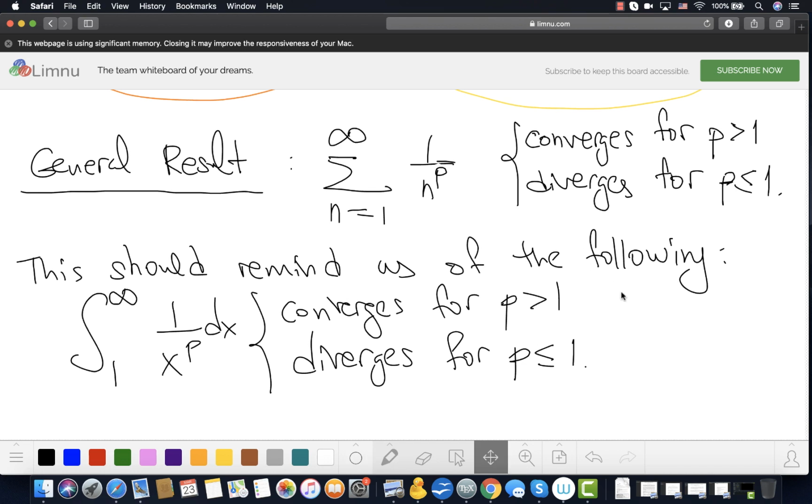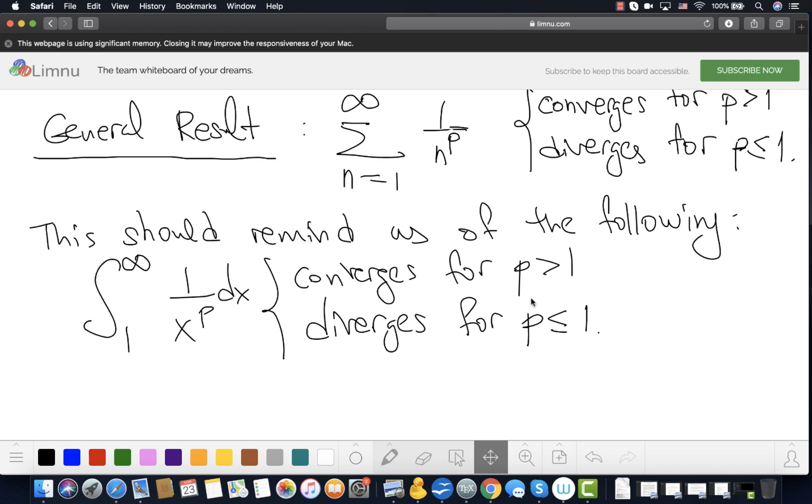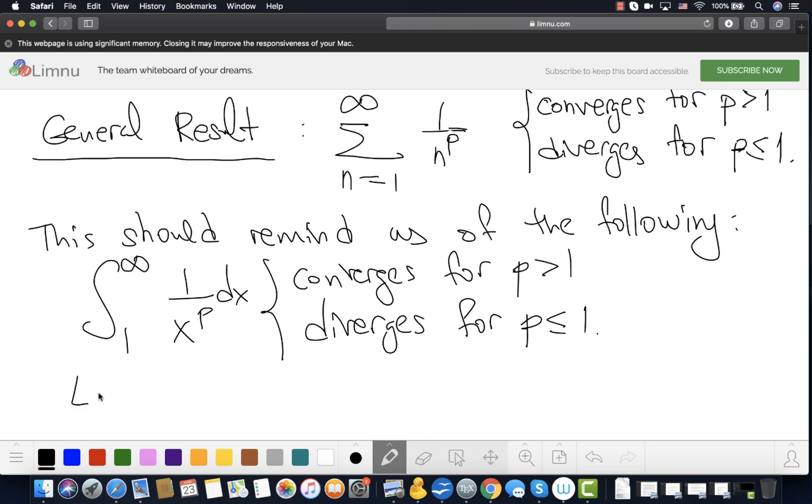And so these results look very similar to each other. They have the same format. Here we have an integral, here we have a sum. It turns out that this is not a coincidence. In fact, we will see later that we'll connect these two results using something called the integral test.